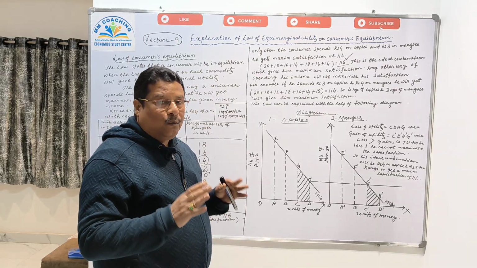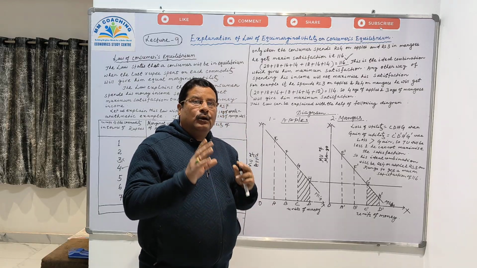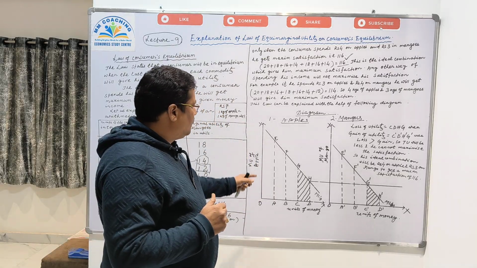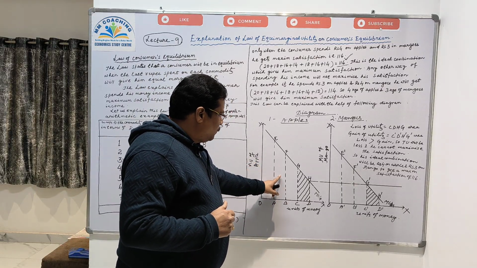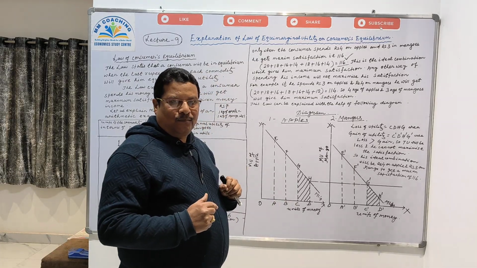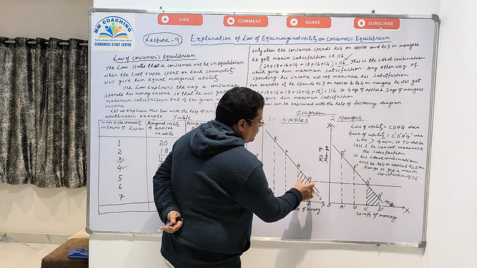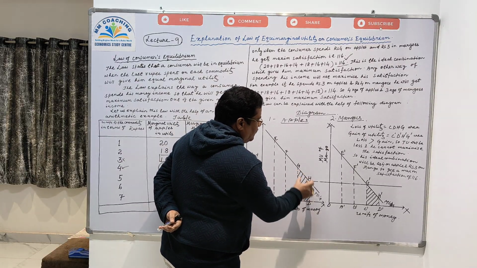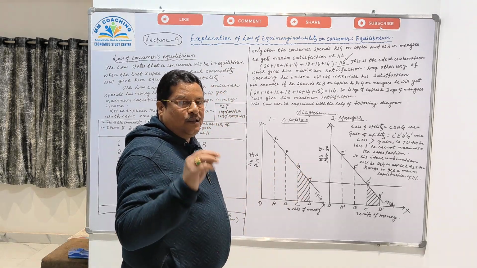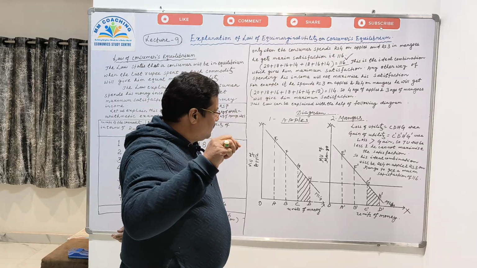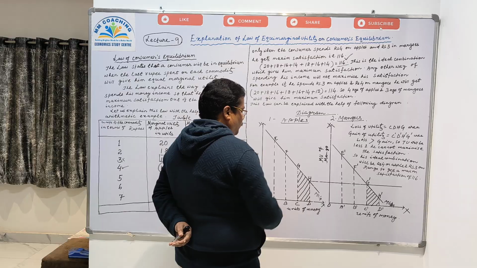But now question arises, if he spends rupees 3 on apples 1, 2 and 3, then this second part will not be there, because now he is spending rupees 3 on the purchase of apples.